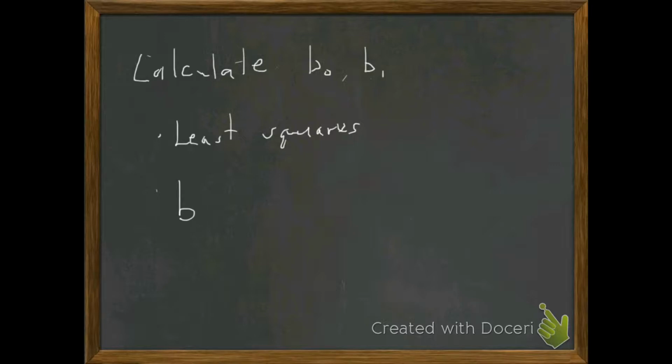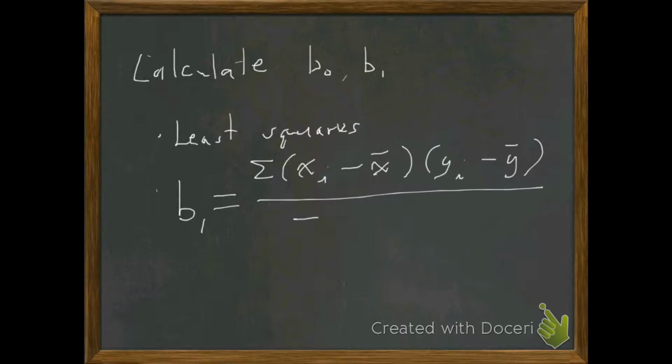Another thing is to calculate B1 and divide that by the covariance, well, the sum of x sub i minus x bar.